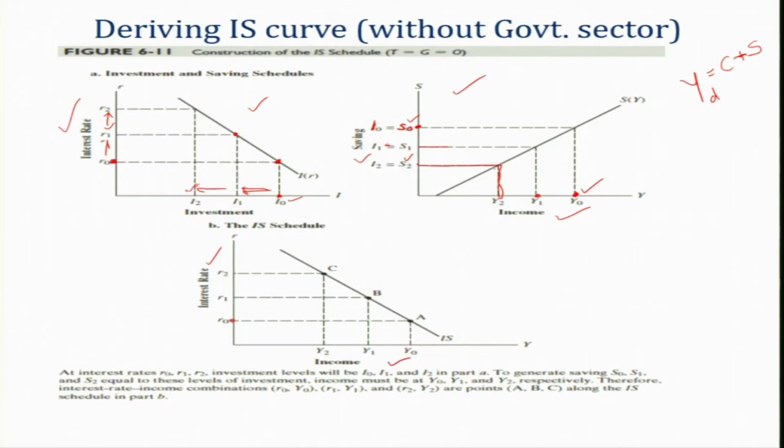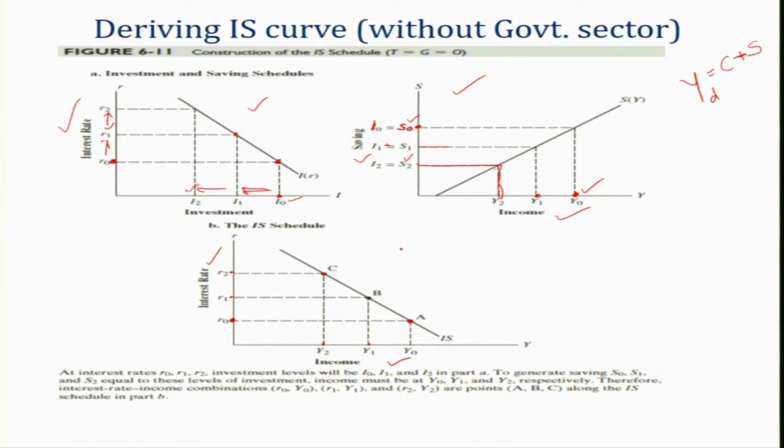You know that R naught level of rate of interest requires Y naught level of income, and similarly R1 rate of interest requires only Y1 level of income, and R2 rate of interest requires Y2 level of income. So linking this, making a relationship, you can see that there is an inverse relationship we can derive here, between rate of interest and income.